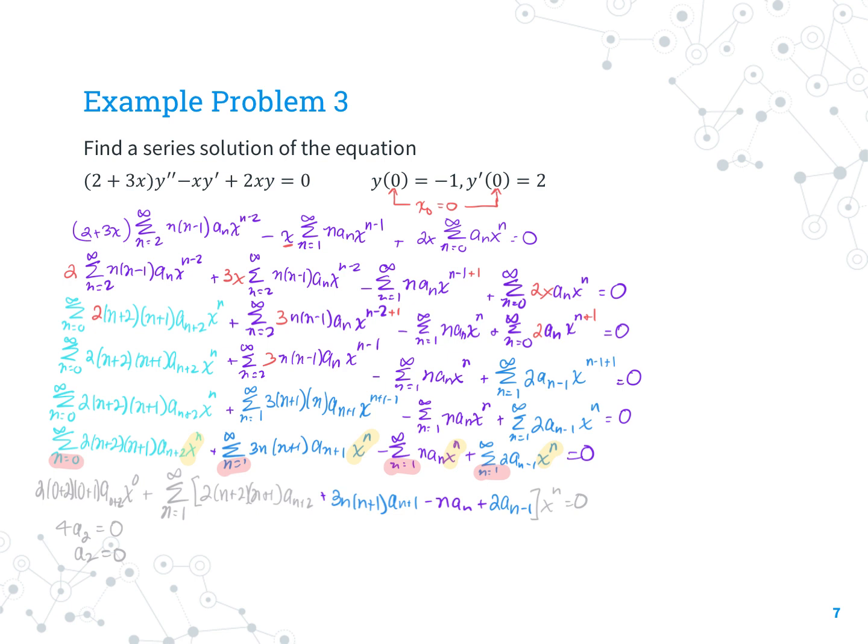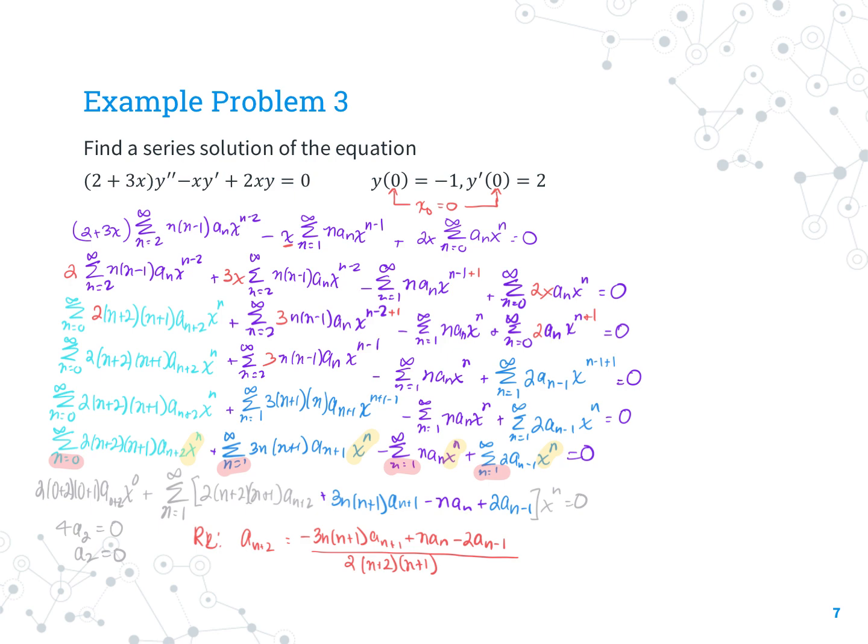I'll go back to red for that one. Our recurrence relation is going to be a sub n plus 2 equals negative 3n times n plus 1, a sub n plus 1, plus n minus 2, a sub n minus 1, all over 2 times n plus 2 and n plus 1.